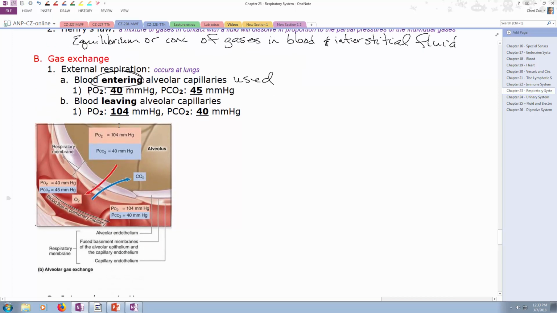Our picture here shows the blood flowing in a pulmonary capillary. It shows you that it's coming in at 40 and 45 for O2 and CO2. And then once we're on the exit side of our capillary, which is actually called the venule side, our O2 is 104 and our PCO2 is 40.